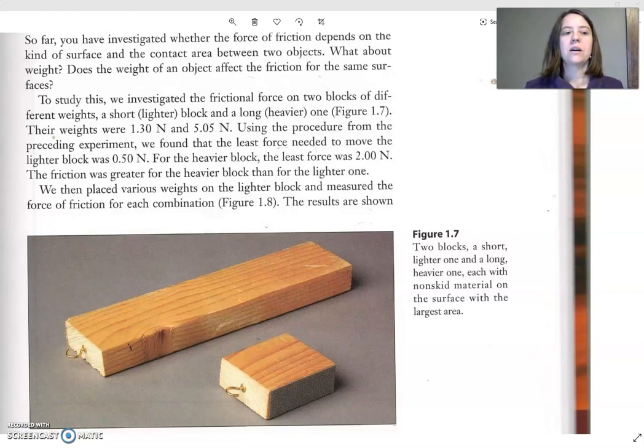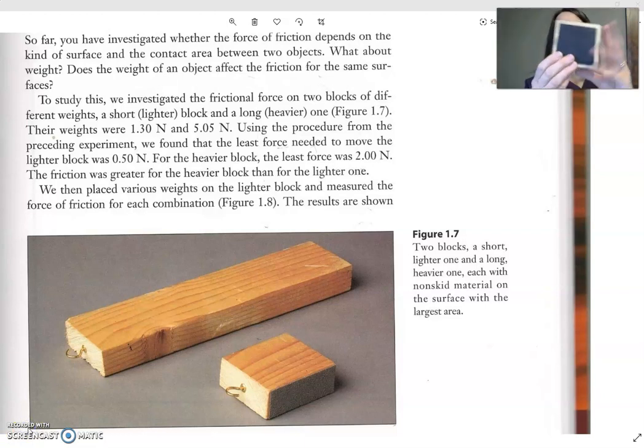When it talks about the procedure from the preceding experiment, they talked about using a block and putting it on a surface and then hooking it up to a spring scale and pulling it with just the minimum amount of force to get it to move at a constant speed, and then reading that amount of force, which right then was 0.5 newtons. And the blocks had different surfaces.